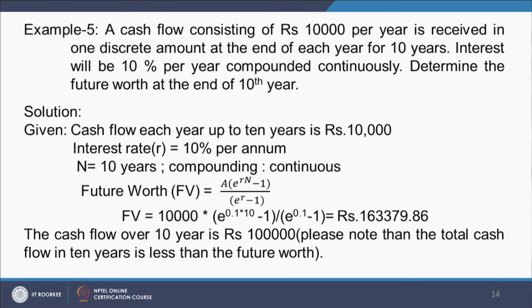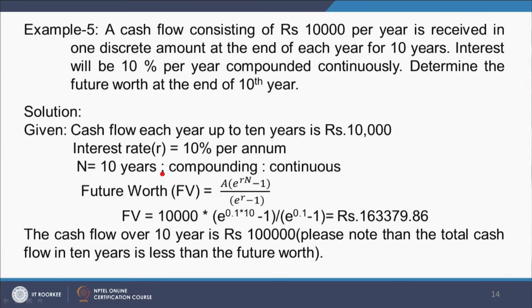Here the cash flow each year up to 10 years is 10,000. Interest rate R is 10% per annum, N is 10 years, compounding is continuous. So, future worth for continuous compounding is this value, that is A in brackets e to the power rn minus 1 divided by e to the power r minus 1.